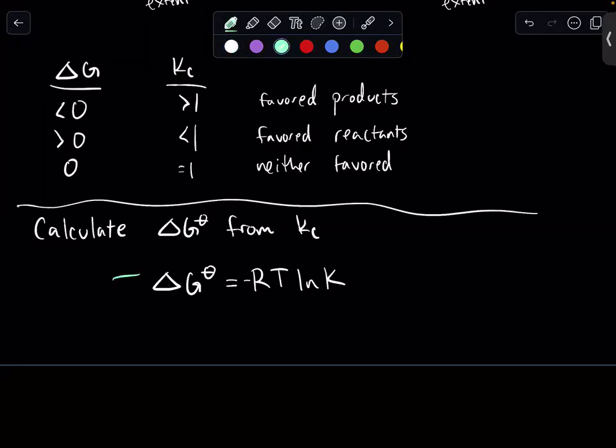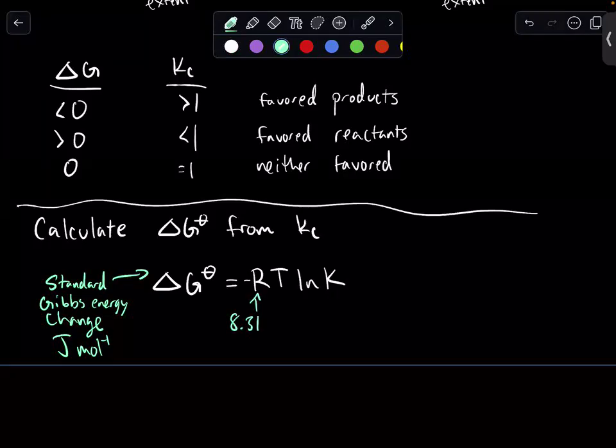Now, the different parts are, this is our standard Gibbs energy change, and this is in joules mole inverse, or actually this would generally be joules. Over here we have our gas constant, 8.31 joules Kelvin inverse mole inverse.